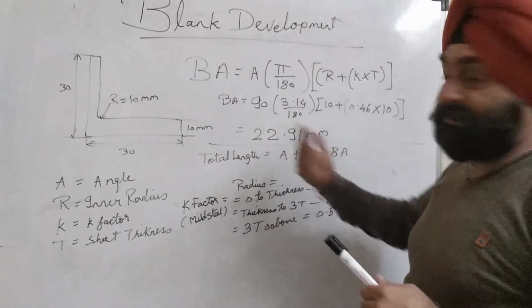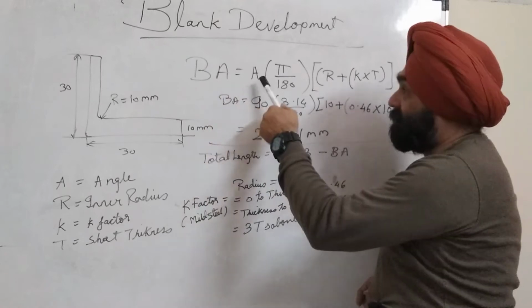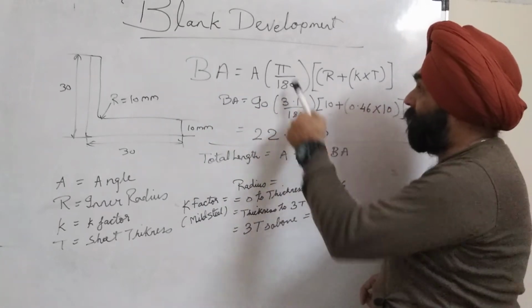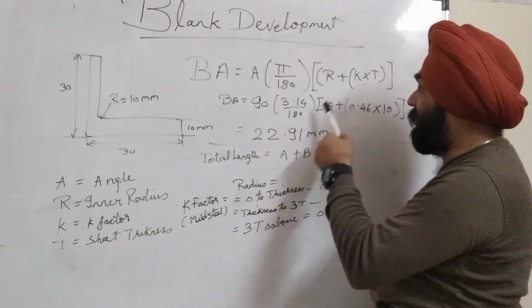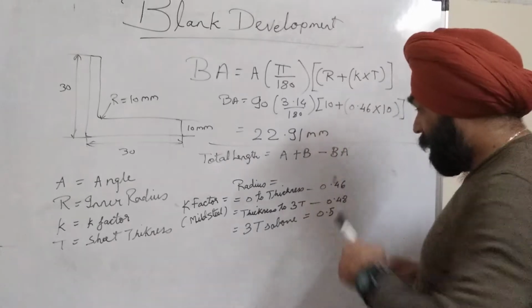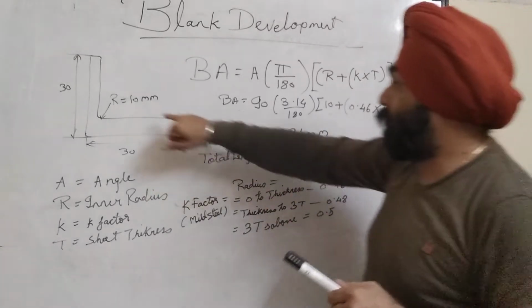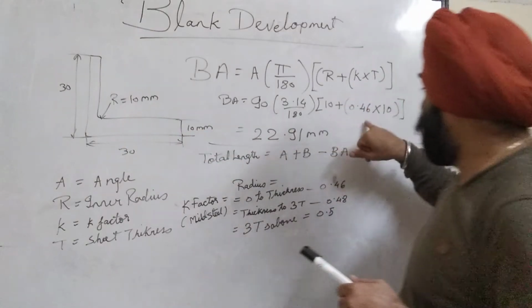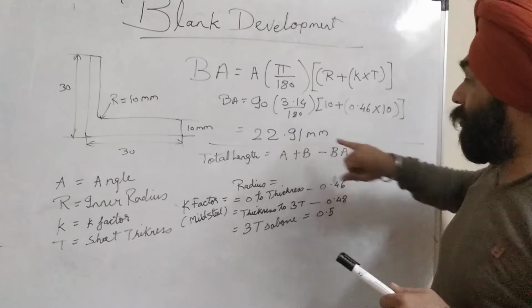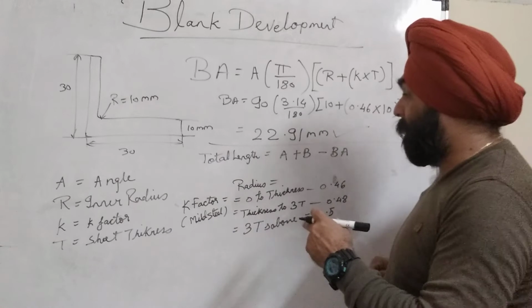So let's put this in the formula, that is bending allowance is equal to angle, that is 90, into 3.14, that is pi, divided by 180, into r, that is radius equal to 10, plus K. K for 0 to thickness is 0.46. So r is equal to 10, so I will take 0.46 into thickness, that is 10 mm. So my answer will be, bending allowance will be 22.91 mm.